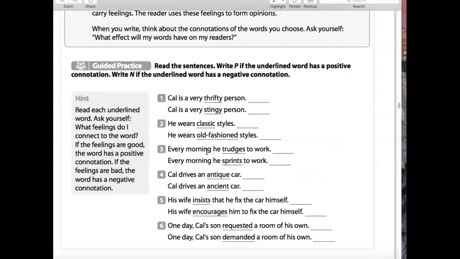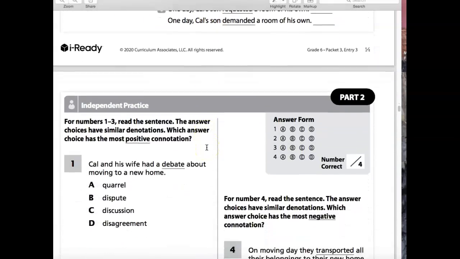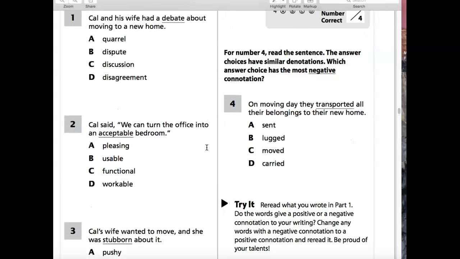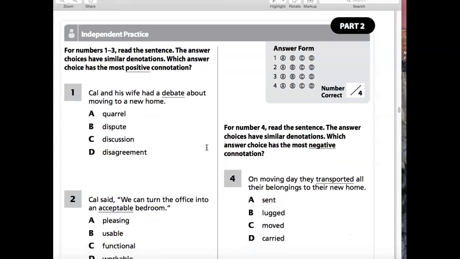All right, so I know Miss Allen went through this with you, so we're going to go ahead to the independent practice. We just have 1 page. I'm going to read these to you and read the word choices, and then you can circle the one you think it is. For numbers 1 to 3, read the sentence. The answer choices have similar denotations or definitions by the dictionary. Which answer choice has the most positive connotation?